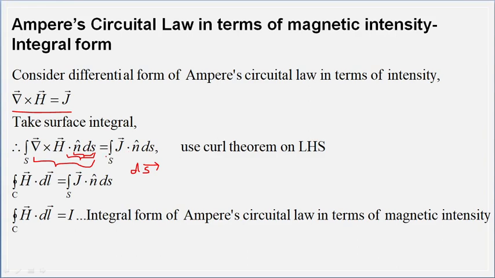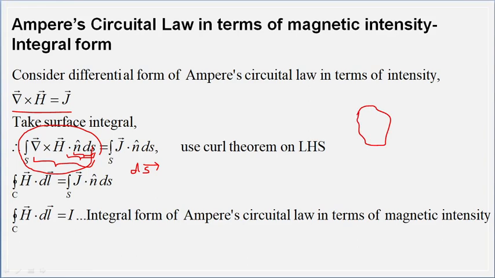Then on the left hand side, you apply the curl theorem. According to the curl theorem, the surface integral becomes the line integral. You consider the surface like this, and this is the curve bounding it, that is the length.